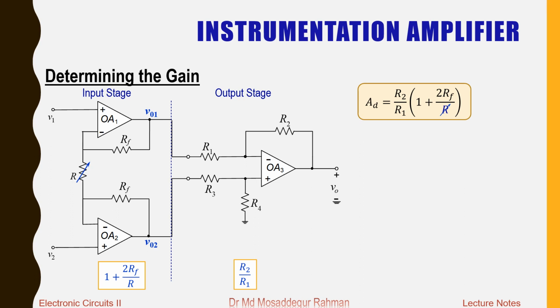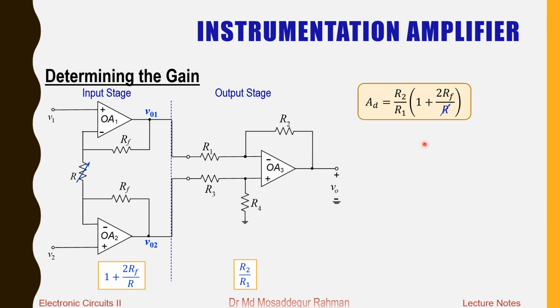If you look at the gain expression of this modified circuit, in the denominator we have R, a variable R, like a potentiometer. You can vary the resistance from 0 to some maximum value. Let's say you take a 10K resistor, then you can vary the resistance from 0 to 10K.